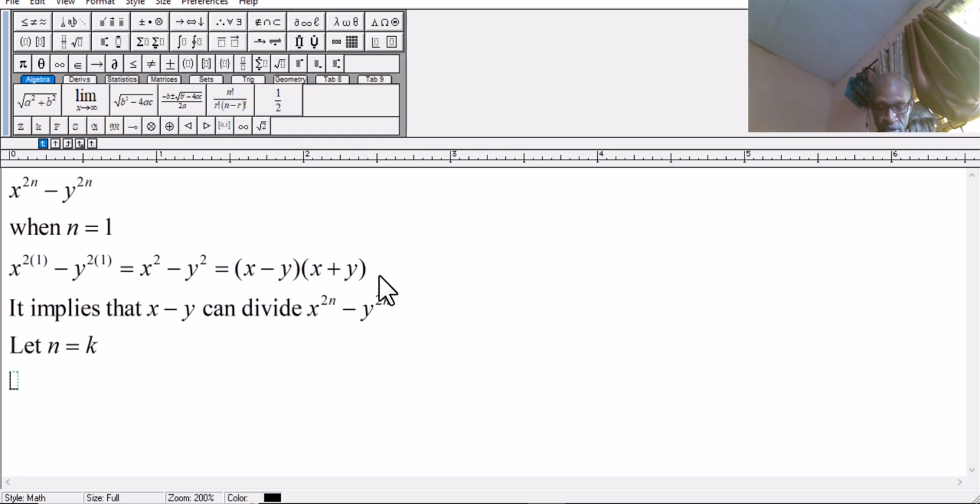So what we now have is x raised to 2k minus y raised to 2k.